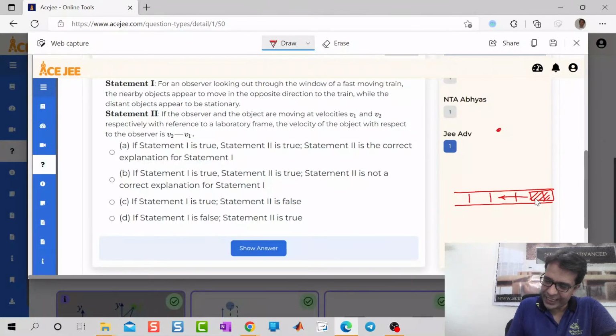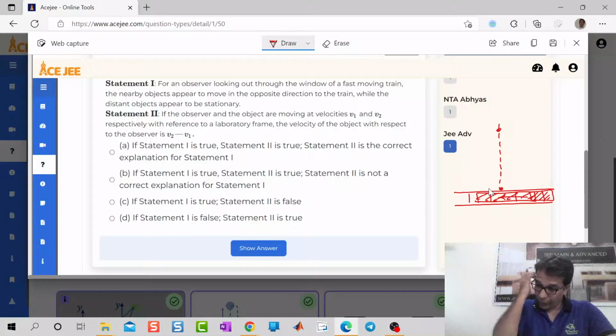Because what the eye sees is this: when you are sitting in the train, let's say this is the train. For a far away object, let's say at t equals 0, you are here, then your train moves, then you actually come here. So your angle has changed by this much, right?